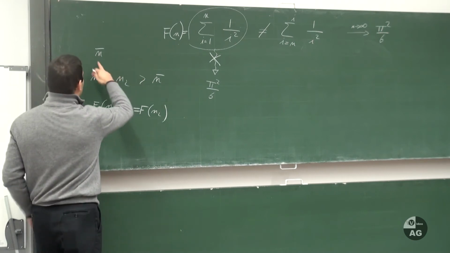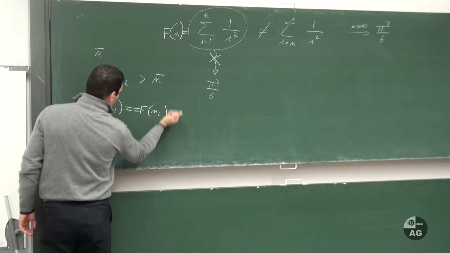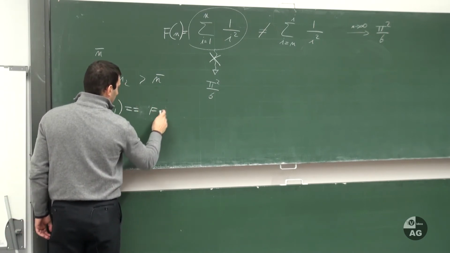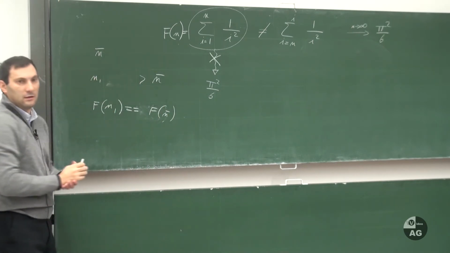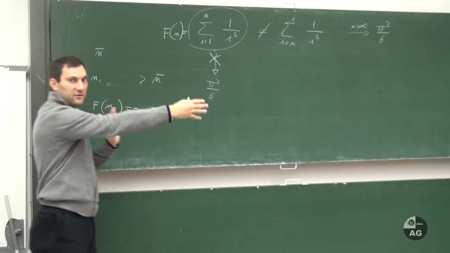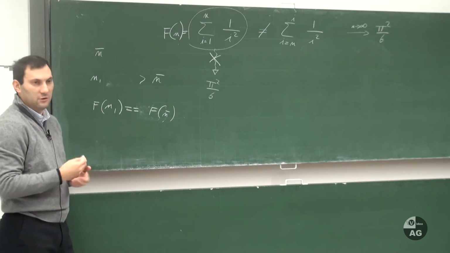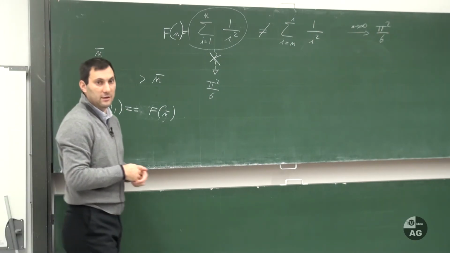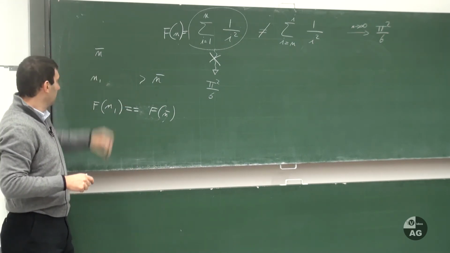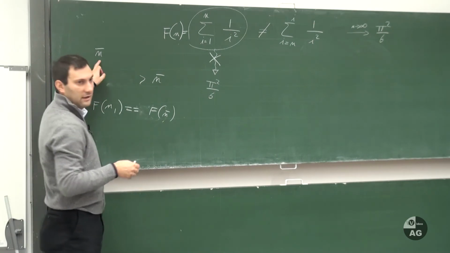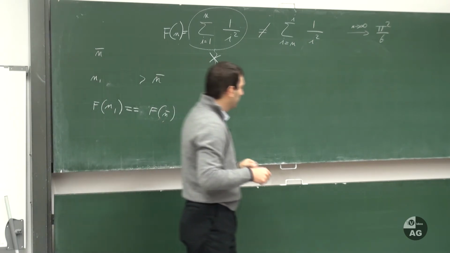We could even make it simpler: there is an n bar such that f of n1 equals f of n bar. There is a point after which it doesn't matter if you add more terms, the output is not going to change. So maybe you could write a little program that finds this n bar. I think I even told you what the value of n bar is. And yeah, that's a possibility.